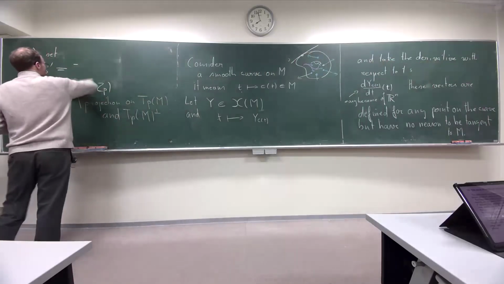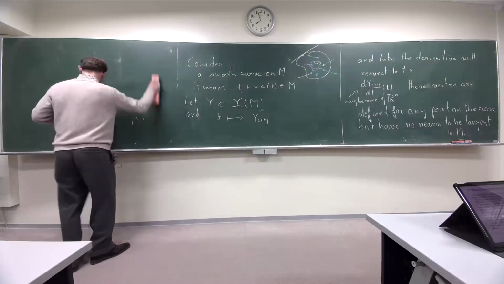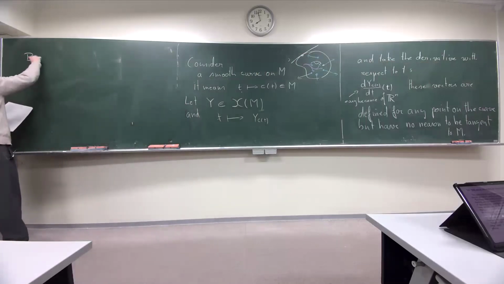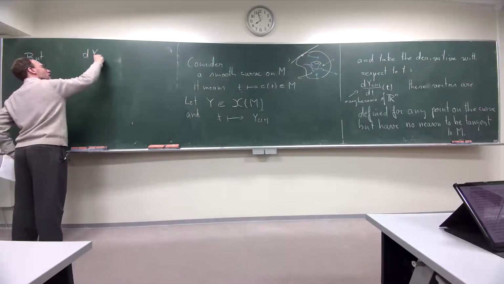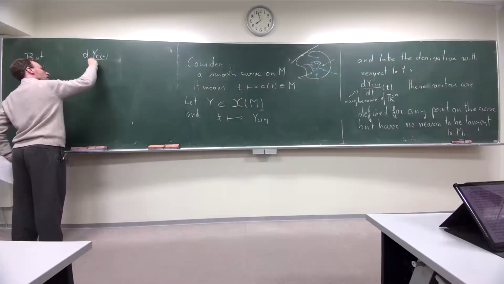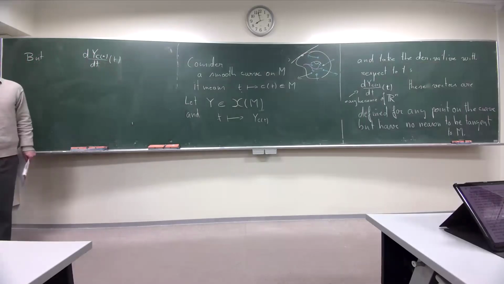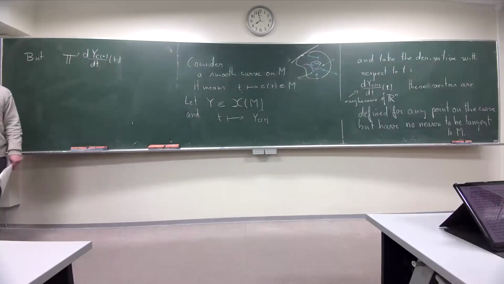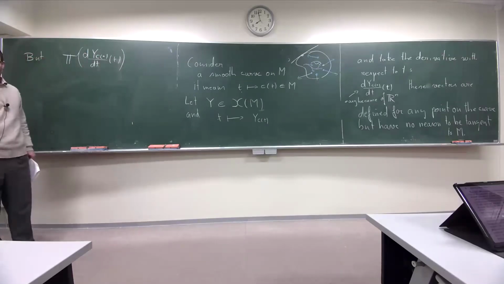So what you do in this case, you force them. So we are going to consider the same object, dy of c dot derivative, evaluated at t. How can I force it to be tangent to the manifold? I put this pi prime, because pi prime is the projection on the manifold.